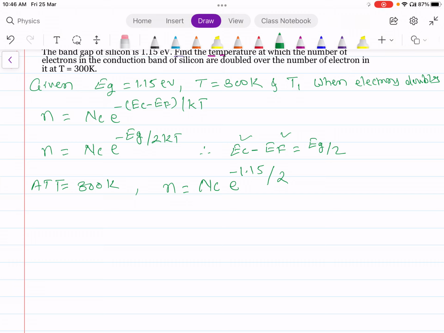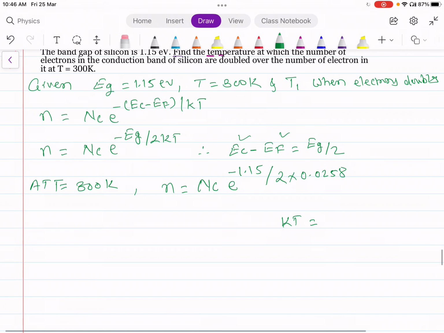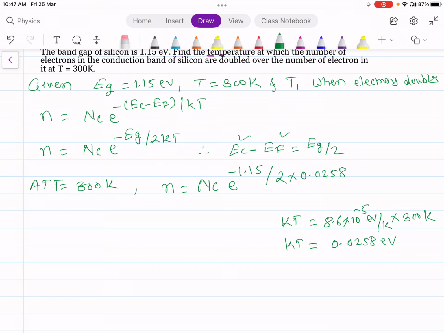So 2 into KT, where K is the Boltzmann constant, which is 8.6 into 10 raised to minus 5 electron volt per Kelvin, into temperature. In this case it is 300 Kelvin. So that comes around 0.0258 electron volt, the value of KT.